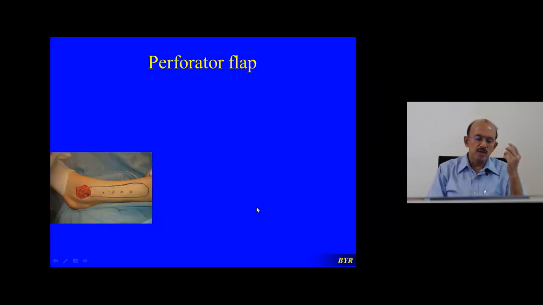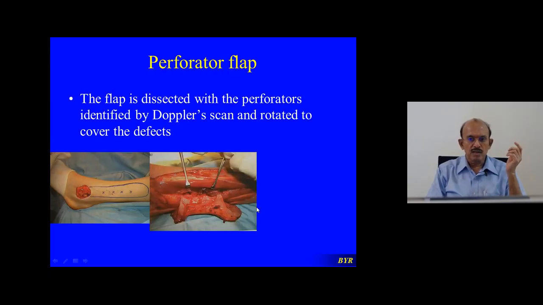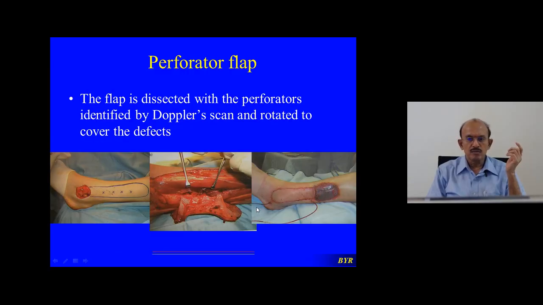Composite flaps means if you do the grafting of composite tissues, skin, subcutaneous tissue, the muscle, the bone, it is called the composite flap. Of course, this is also not required for you.